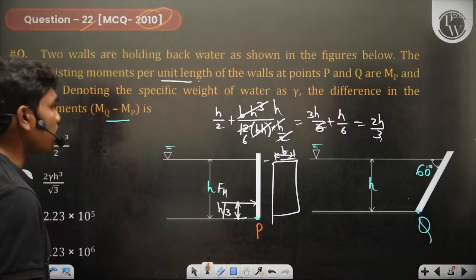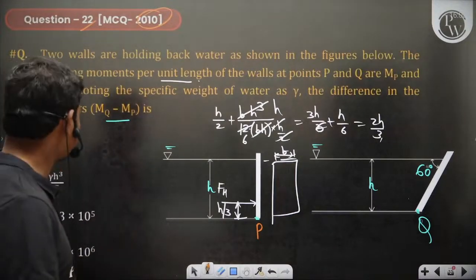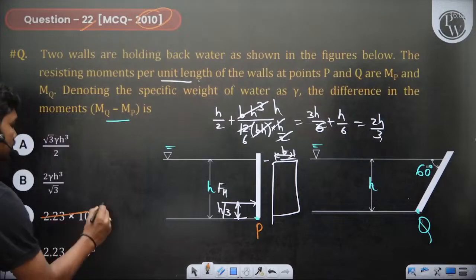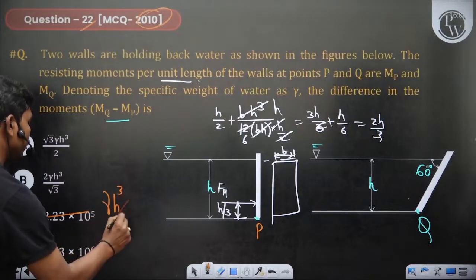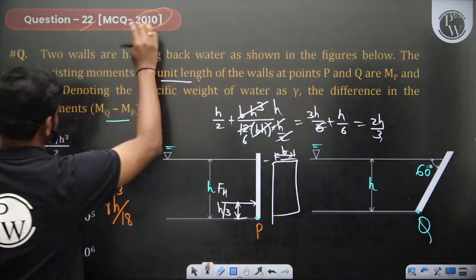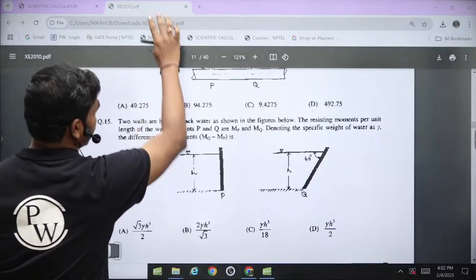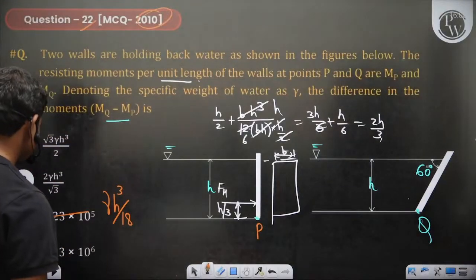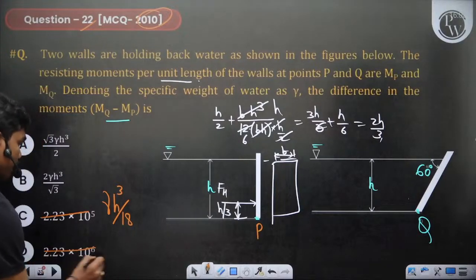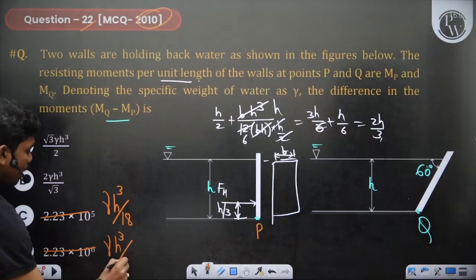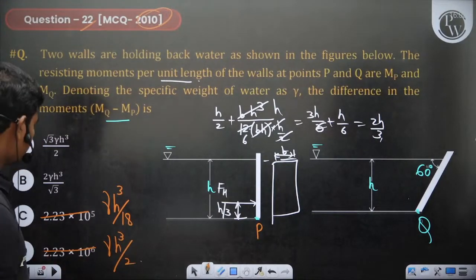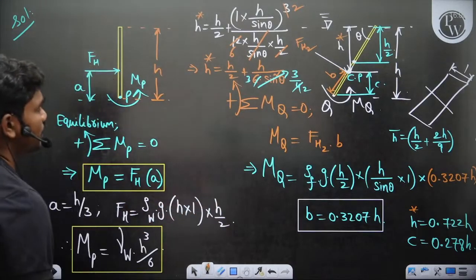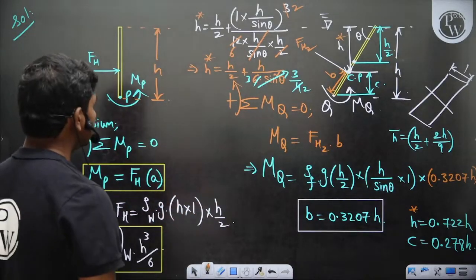Guys, let's do this calculation once again if something is not very straightforward. Okay, so first of all, let's add these values. Gamma h cube by 18, gamma h cube by 18, and gamma h cube by 2. Okay, so let's quickly check this calculation once again if something can be done better.